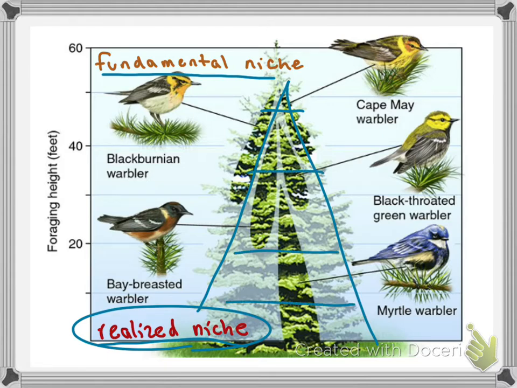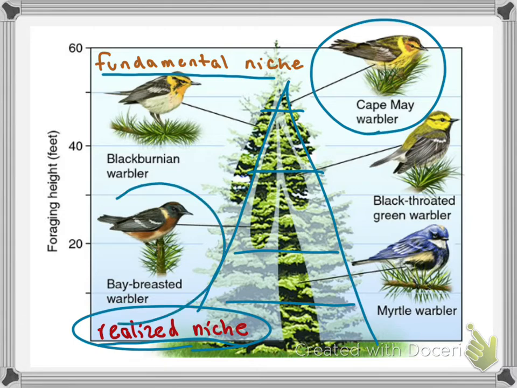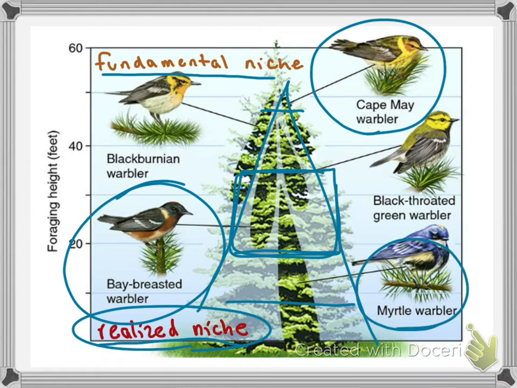The Cape May warbler, they feed on the invertebrates at the tip of the branches near the top of the tree. The bay-breasted warbler, they feed on larvae of many beetles in more of the middle of the tree. And the myrtle warbler, they feed more at the base of the tree.